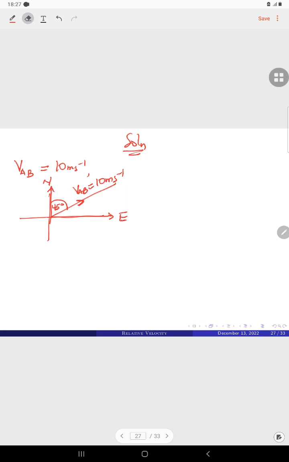So when you find VAB in magnitude and direction, how is it going to be? The magnitude is 10 meters per second, and the direction from the north in clockwise direction to VAB is 45. So 045 degrees, or you can just write 45.